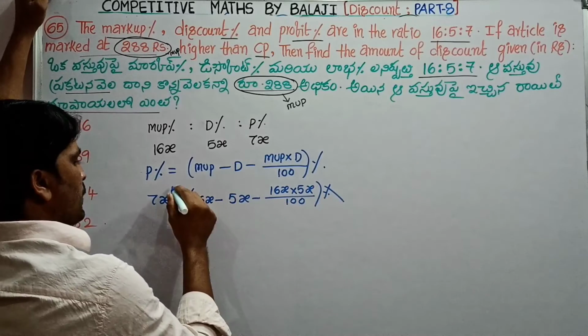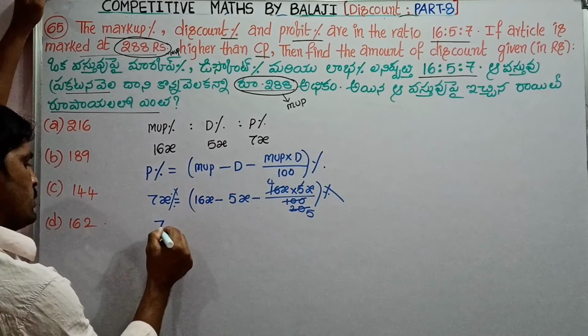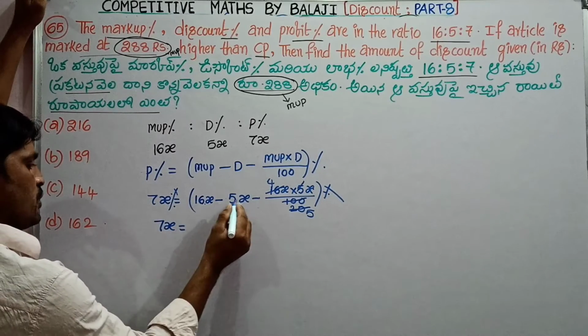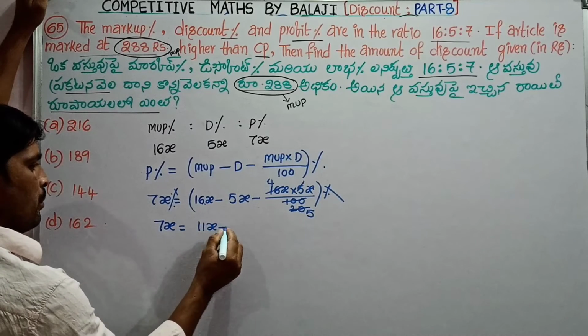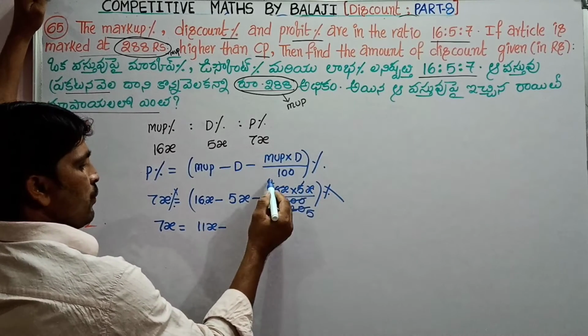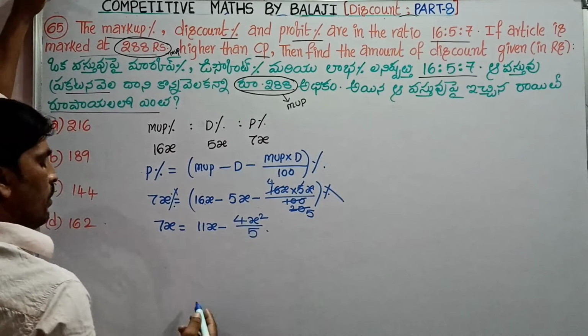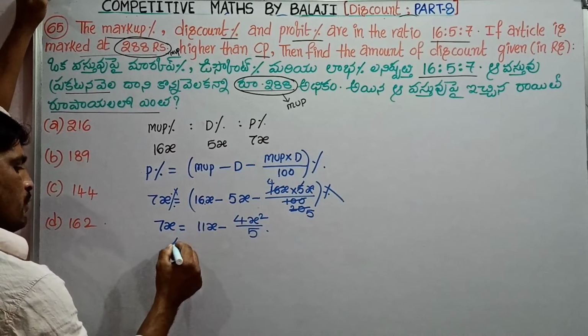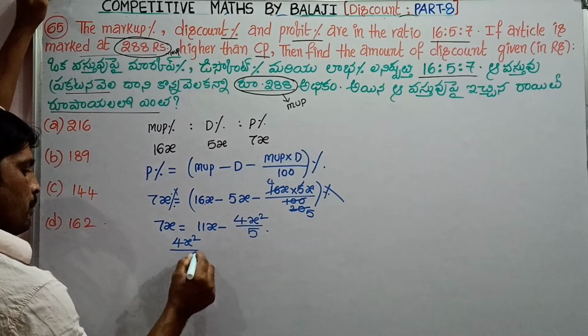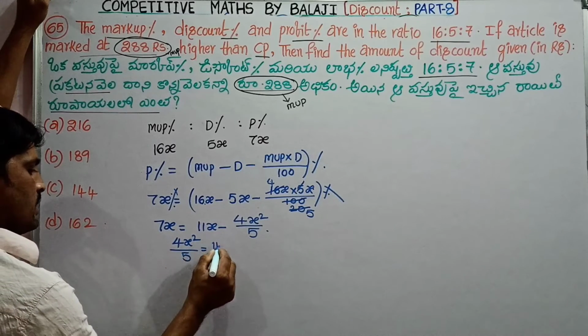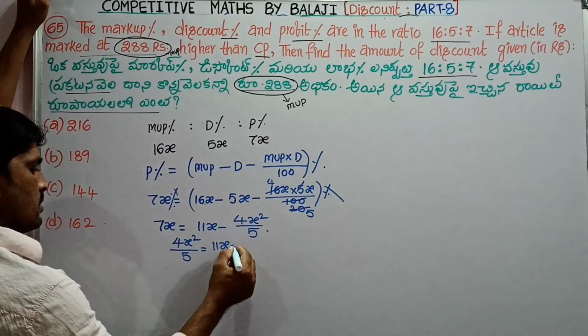That gives 7x equal to 11x minus 4x square by 5. So consider 4x square by 5 to LHS, it becomes plus.